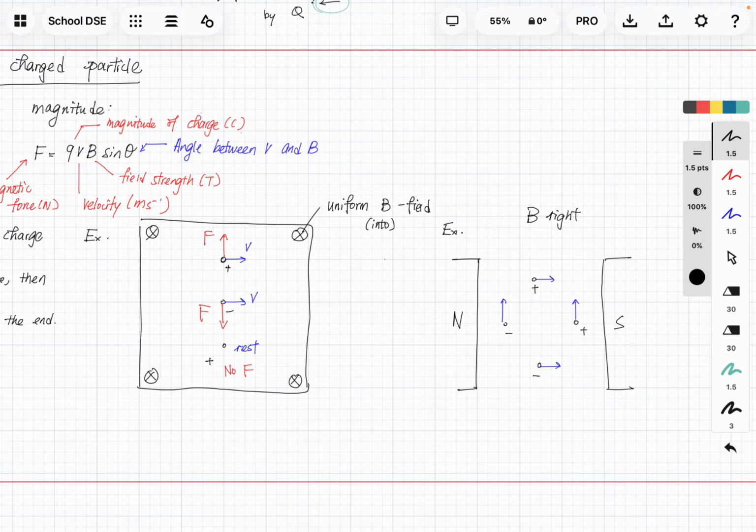Let's suppose it is moving at a speed of v, and the radius is r. What is the distance traveled in one cycle? 2 pi r. So t is just 2 pi r over what?